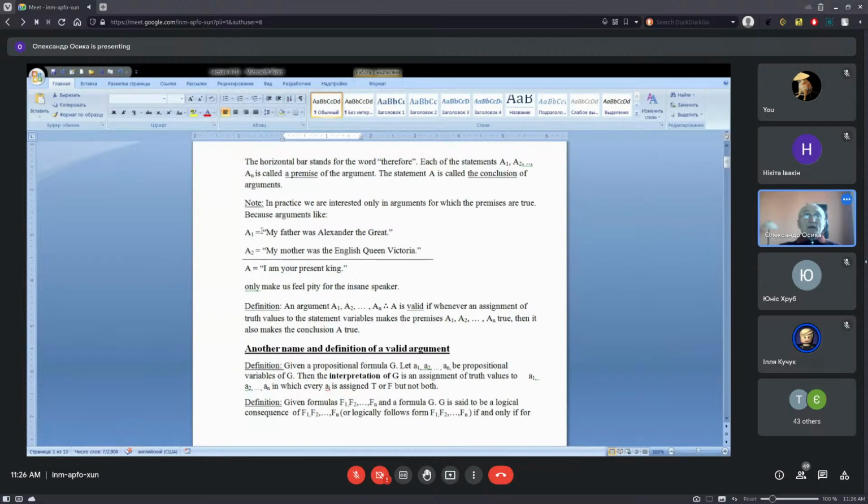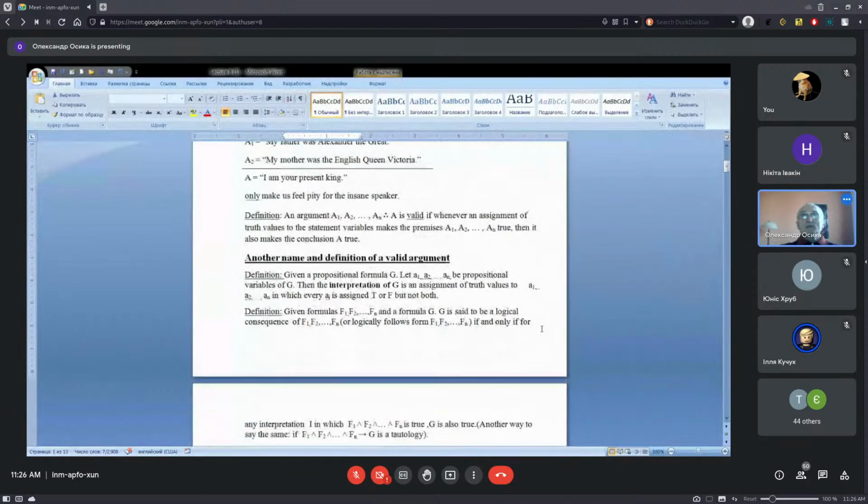So whenever an assignment of statement variables in this formula and in this formula makes the premises true, in that case A is also true. In this case, it is a valid argument. Okay, we'll see from examples.